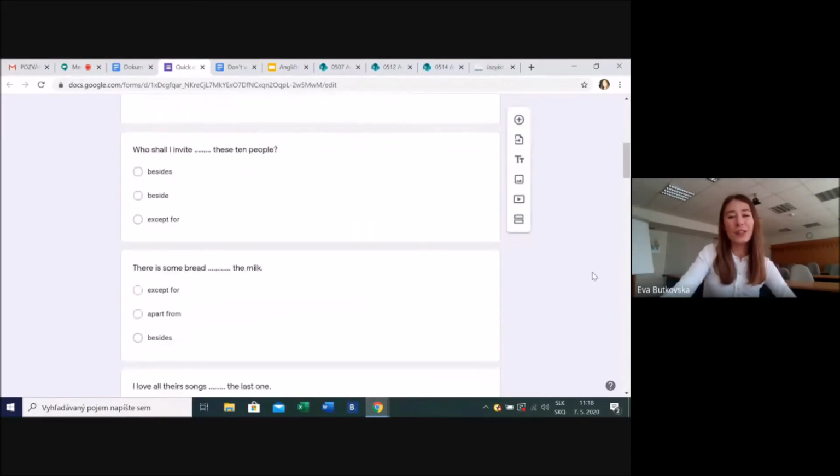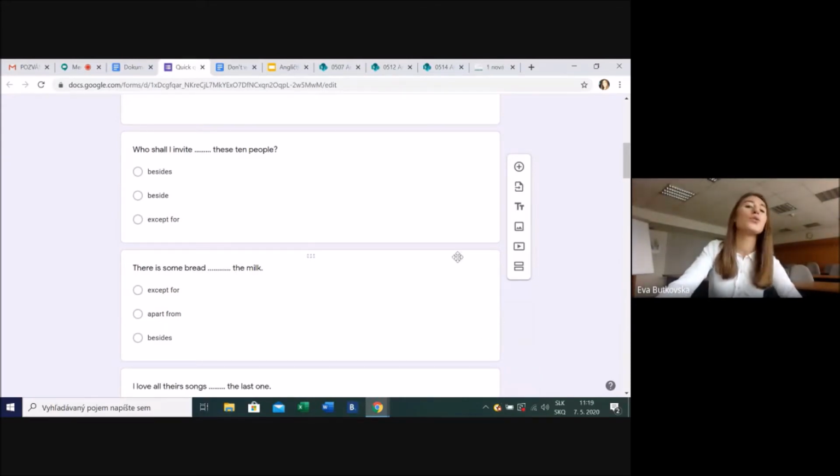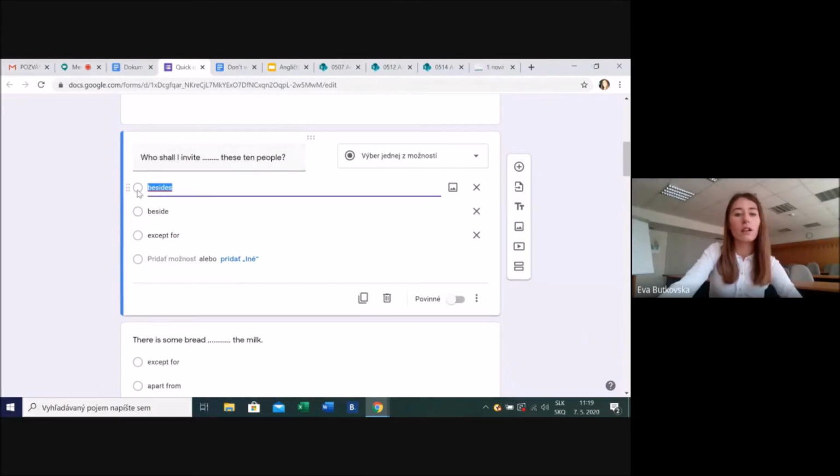And let's start with the first example. Who shall invite these people, these 10 people? So what do you think? What is the best possible option, or best suitable word, for this sentence? Besides.